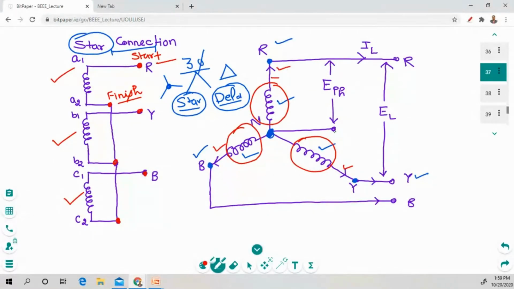If any voltage is generated between these phases, all those voltages are known as phase voltage. Phase voltage is represented as EPH, where PH is phase. All the currents across these are called phase current. Clear, everyone?